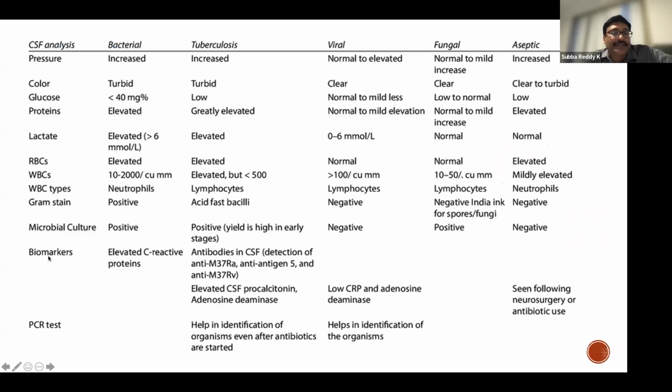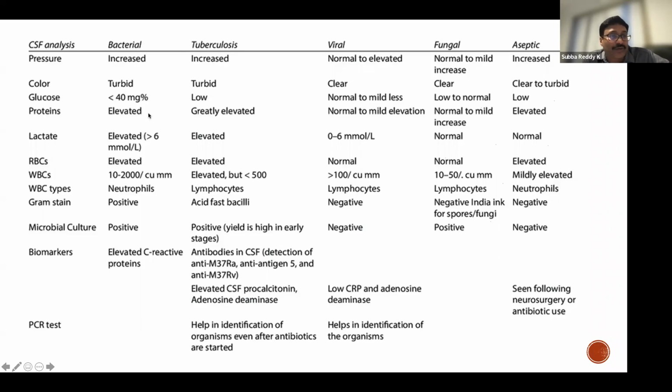So again, based on the CSF analysis, all of us know how to differentiate between bacterial, tuberculous, viral, fungal or aseptic meningitis. So we will look into the salient points. The glucose is decreased in bacterial and in tuberculosis, maybe normal or mildly less in viral, in fungal again maybe normal, in aseptic it is low.